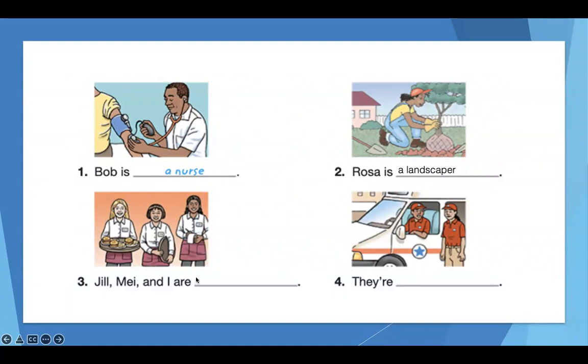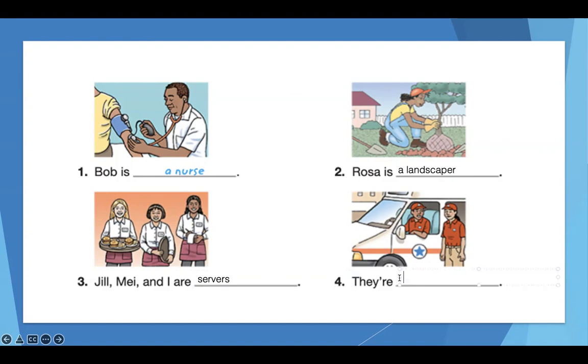Jill, May, and I are. So do we use a or an when we're talking about 3 people? No, we don't need a or an, but we do have to add an S to the end of the word. So we can say Jill, Mai, and I are servers.